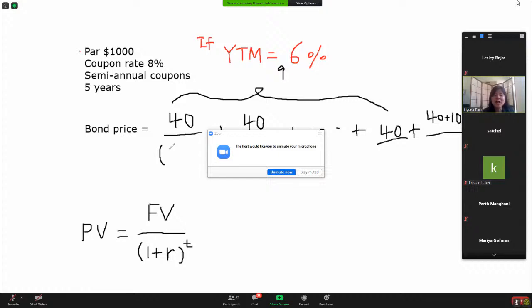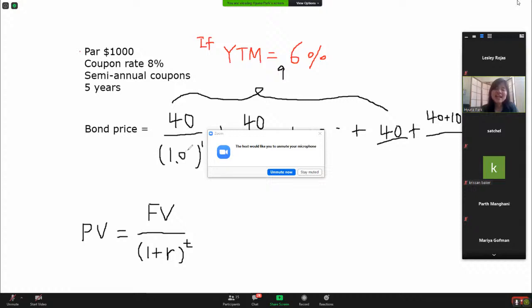So here, what should I write? This $40 will be paid 6 months from today. So it should be discounted using what kind of rate? We know the power is 1, so there is 1 period. Yeah, good job, Yulia and Jackie, 1.03.